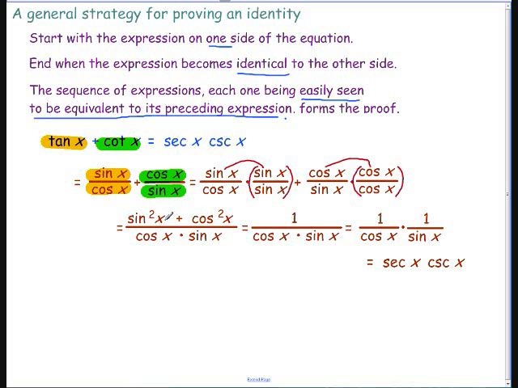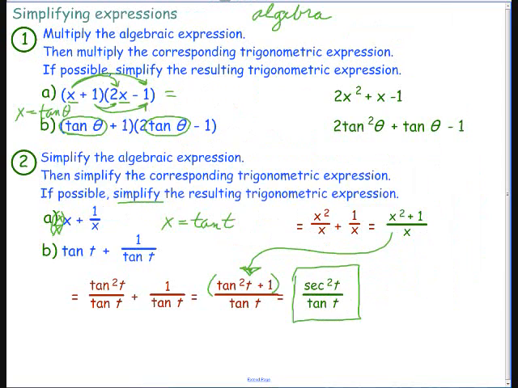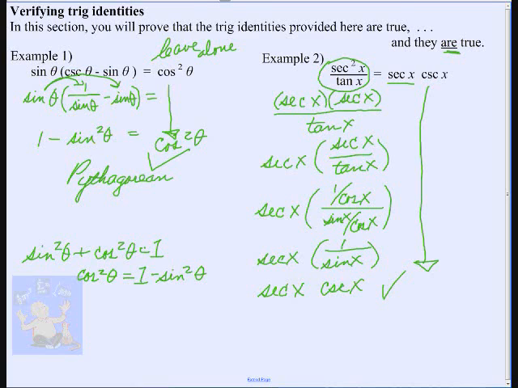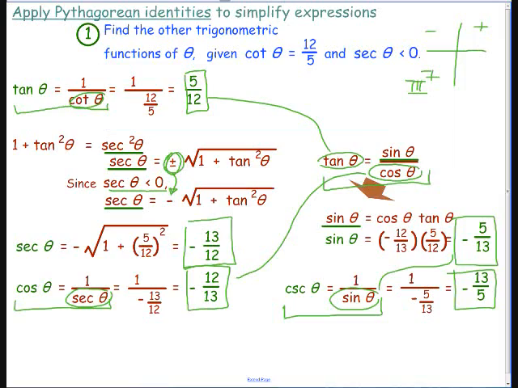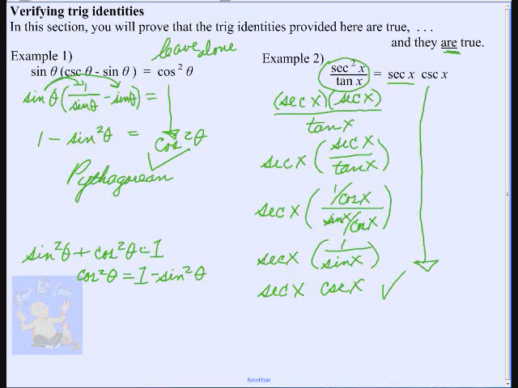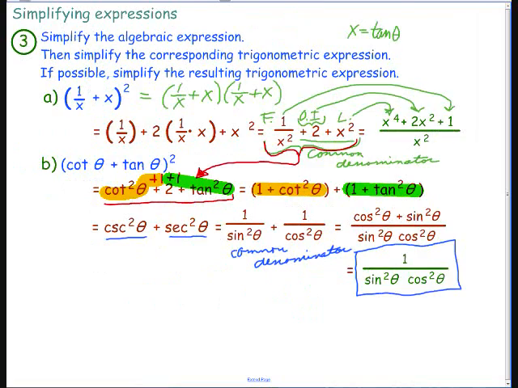So we've got sine square x plus cosine square x. Now, this should jump right out at you as a Pythagorean identity. We're going to go back and look at that for a moment. The very first one, boy, you want to memorize this one. Sine square plus cosine square is equal to 1. You're going to see that one coming up again and again and again.